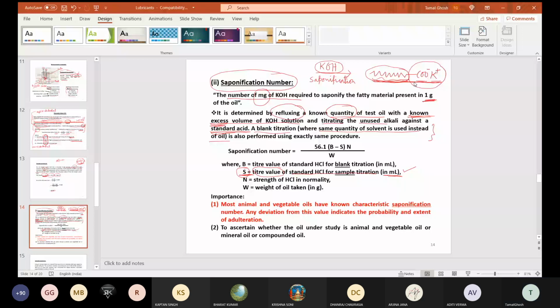Some reactions work in the gas phase, but we are not going into that.